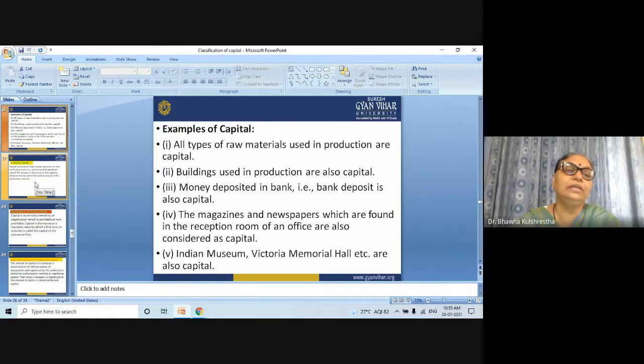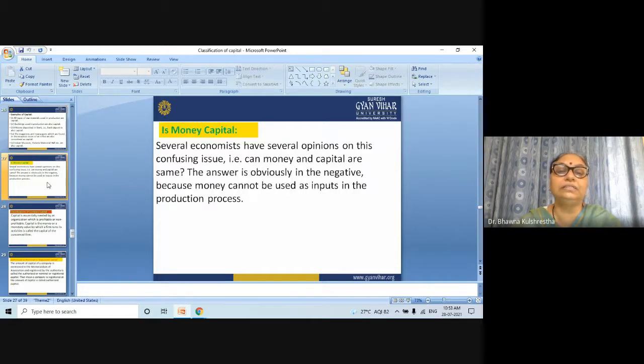And the next is money capital. Several economists have several opinions on this confusing issue. That is, can money and capital be the same?